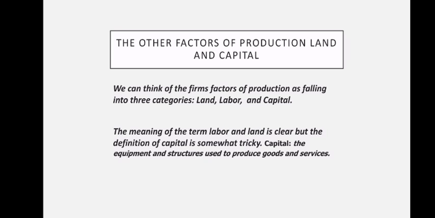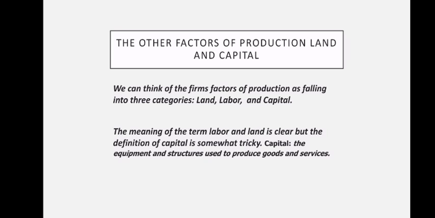We can think of the firm's factors of production as falling into three categories: labor, land, and capital. The meaning of the terms labor and land is clear, but the definition of capital is somewhat tricky.